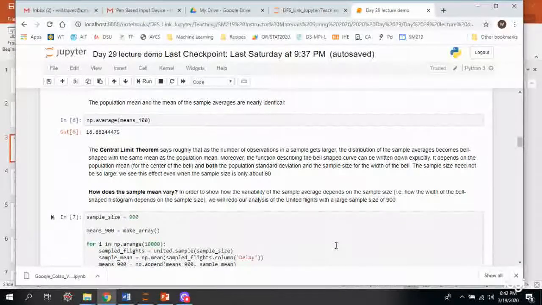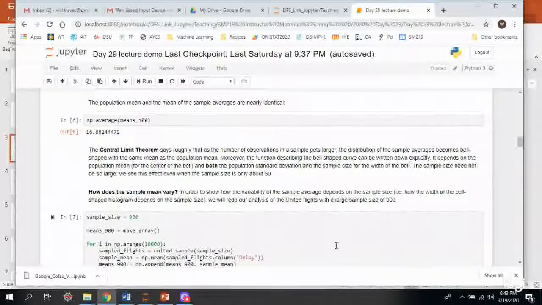We won't actually write that function down very often, but it's helpful to know. That function depends on the population mean for the center of the bell-shaped distribution, and it also depends on the spread of the sample averages. And the spread of the sample averages is determined by both the population standard deviation, the spread of the values in the population, and also the sample size for the width of the bell.